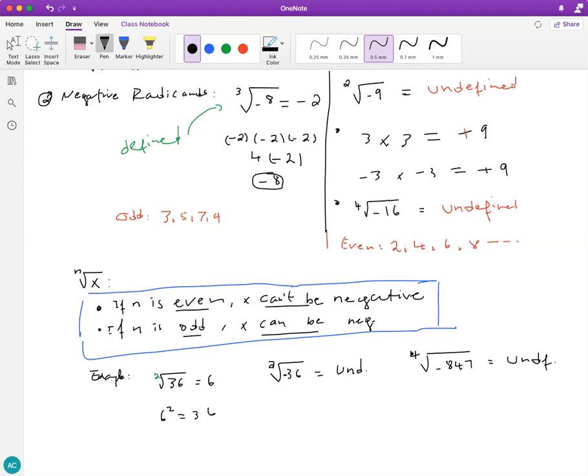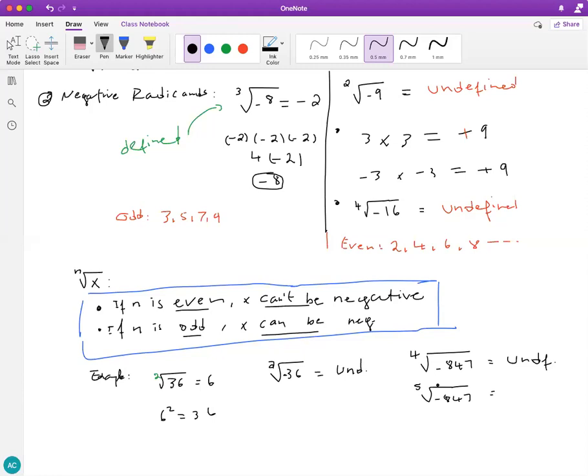What if instead of 4 here, I had 3 on the same number? I had a cube here, 3 or 5 or whatever it is. Is this value defined or not? Yes, it is. What makes it defined? Because it's an odd number.